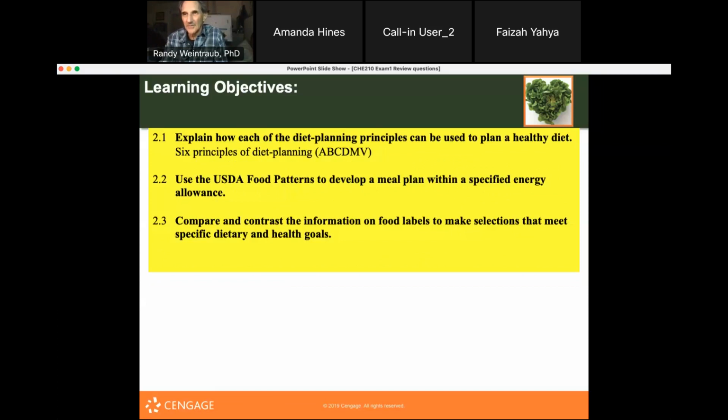The six principles of diet planning or eating pattern: A, B, C, D, M, V, if that helps to remember them. That's the acronym. You'll see that coming up. USDA food patterns: one of the food patterns is the MyPlate idea, which evolved from the food pyramid of the past.